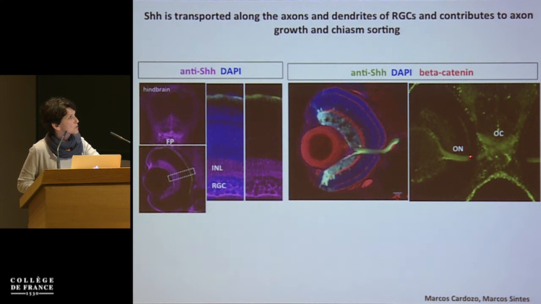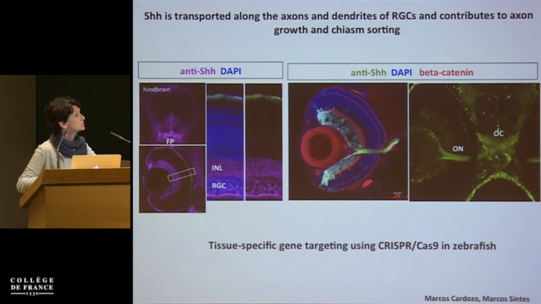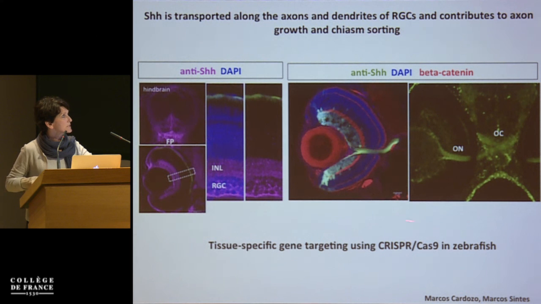And we observed also with antibodies against sonic transport along the entire tract, optic nerve and tract. So we are very much interested in defining whether sonic hedgehog has also an important role in dendritic organization, and maybe also in targeting of retinal ganglion cell axons to the optic tectum, and we are hoping to provide an answer to this question.